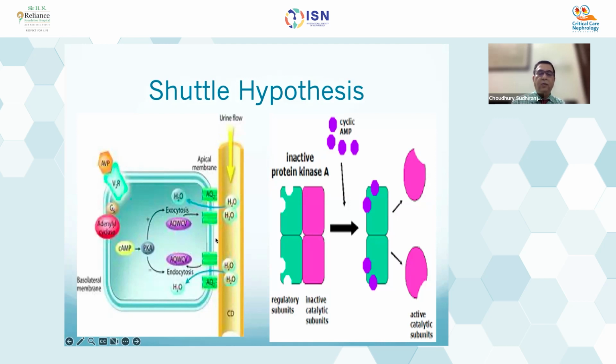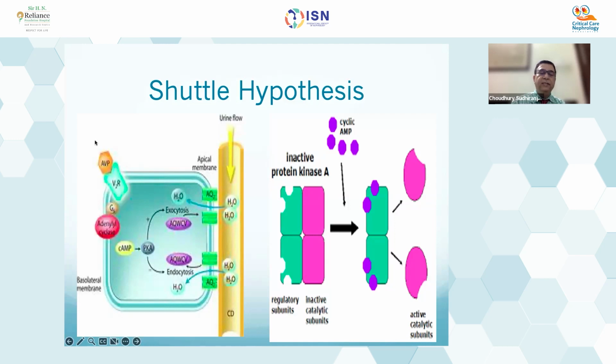One is the luminal side, the other side is called the basolateral side. The luminal side is inside the tubules where the urine flows. The V2 receptors are present on the basolateral side of the tubule of the collecting duct.